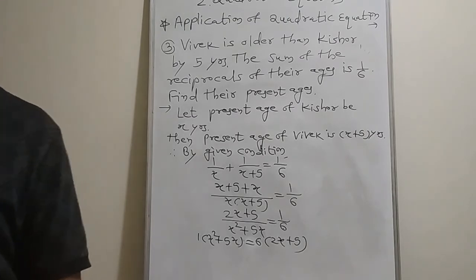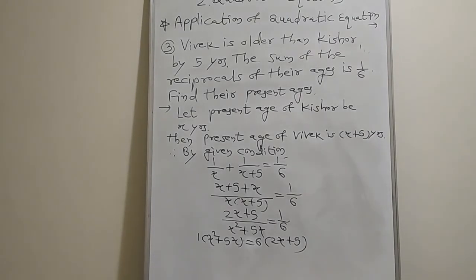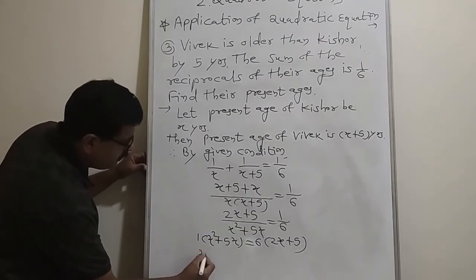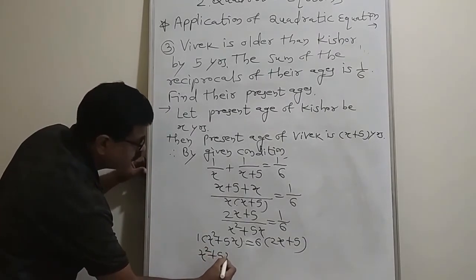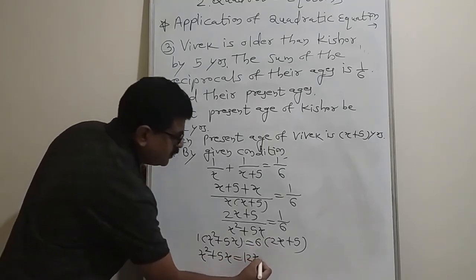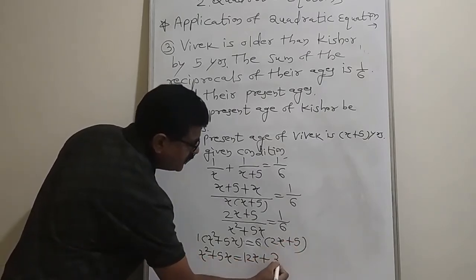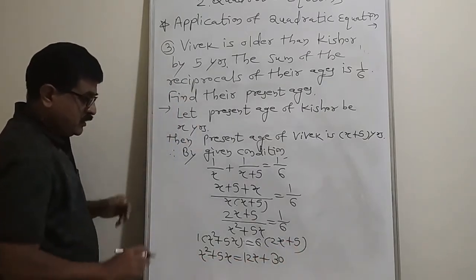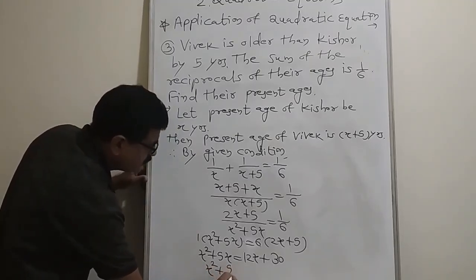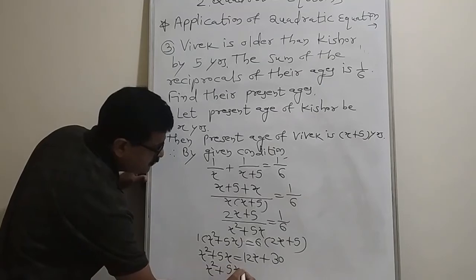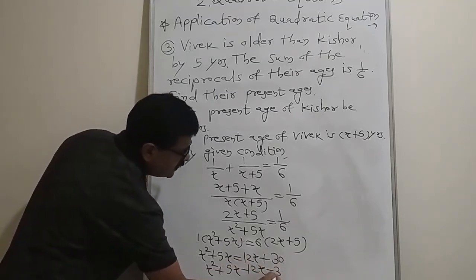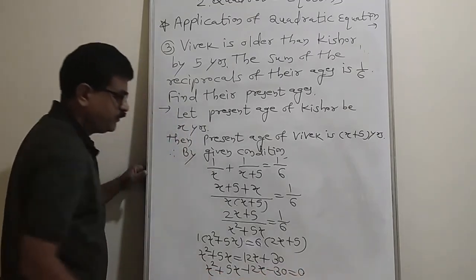Now taking multiplication, 1 times x square plus 5x is equal to 6 into 2 is 12x plus 6 into 5 is 30. Therefore x square plus 5x minus 12x minus 30 is equal to 0.